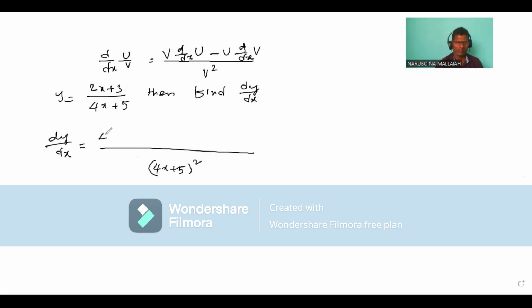Now again start with the second function 4x plus 5, derivative of first function, 2x plus 3, and then put the minus symbol. Again write the first function into the derivative of second function, that is 4x plus 5.